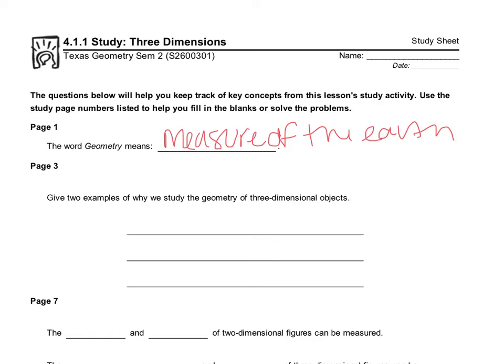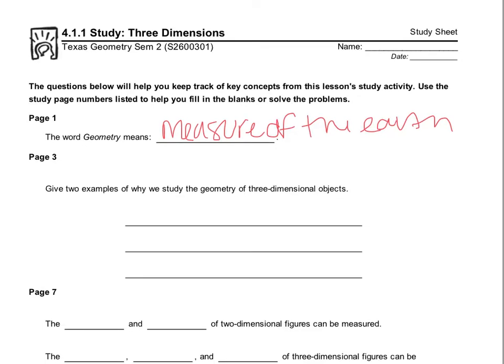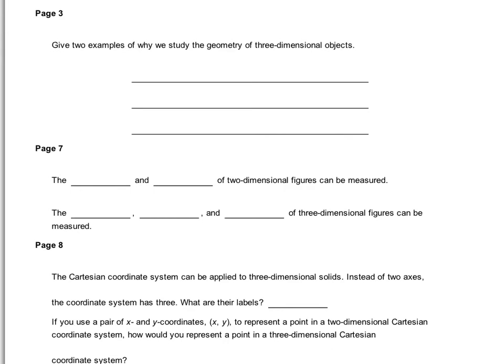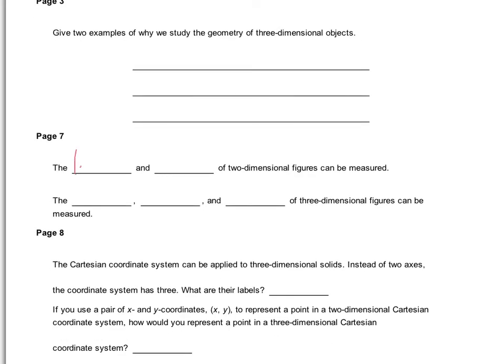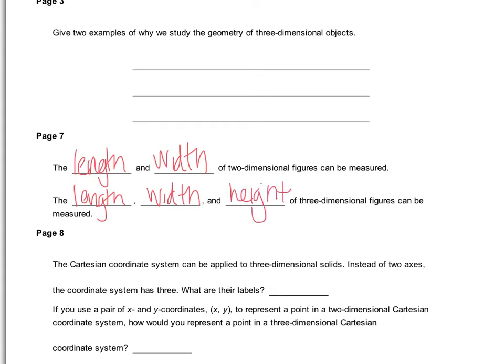objects. So when we were talking about just thinking back to two-dimensional figures, the length and the width of a two-dimensional figure can be measured. But for a three-dimensional figure, the length, the width, and the height can be measured.